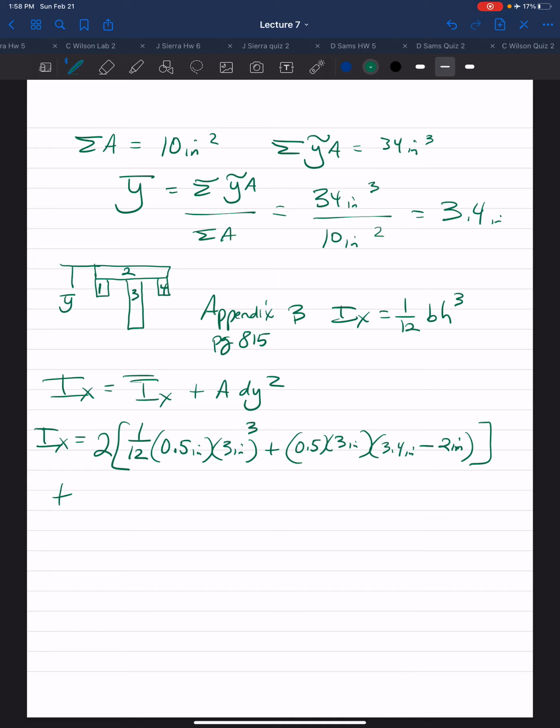Segment 2, also is a rectangular shape, so 1/12 the base being 4 inches, times the height, which is 0.5 inches cubed, plus the area, which is base times height, times dy squared.